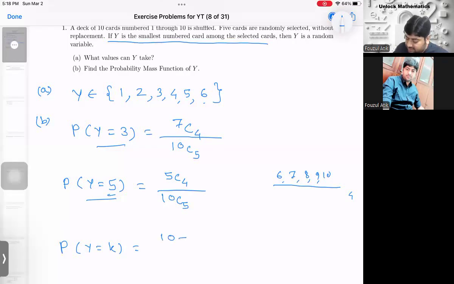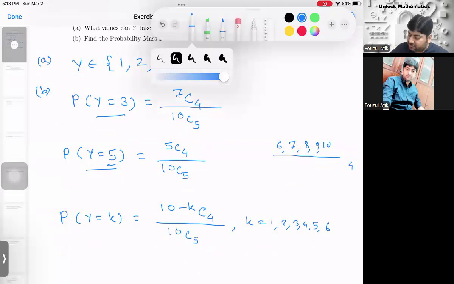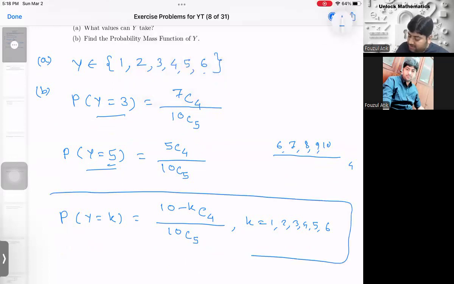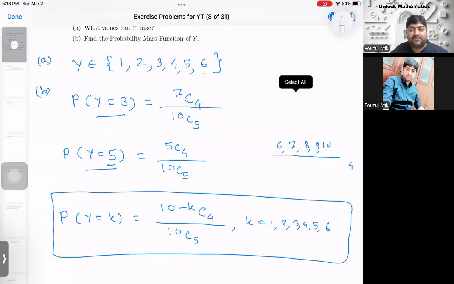It is (10 minus k) C4 divided by 10C5, where k is equal to 1, 2, 3, 4, 5 and 6. So this is our probability mass function for this random variable. I hope it is clear to all of you. Easy question, just think of it. Okay, let me move to the next question.